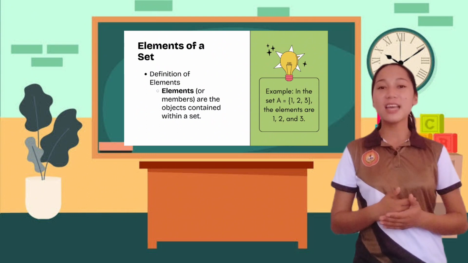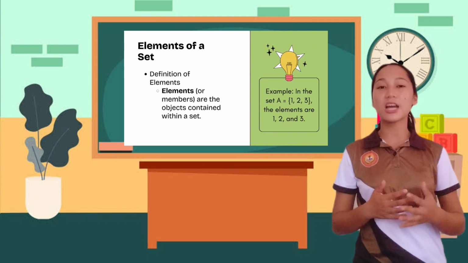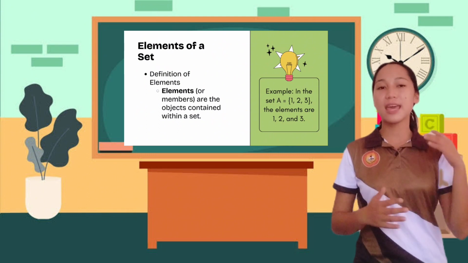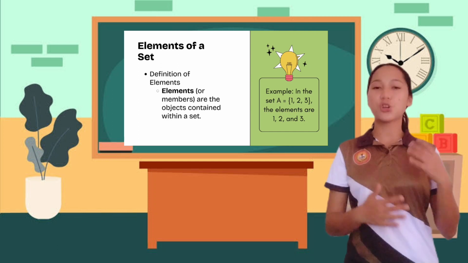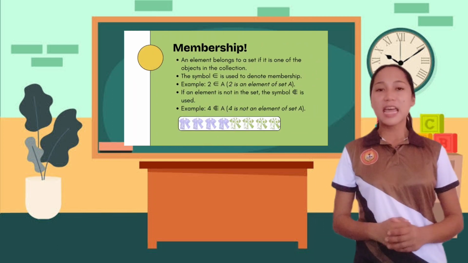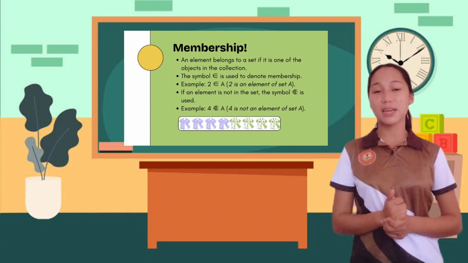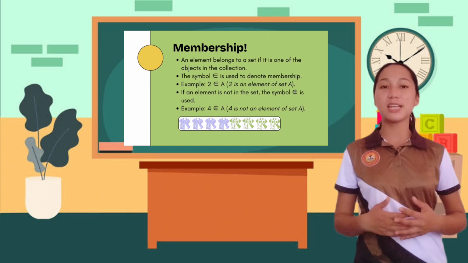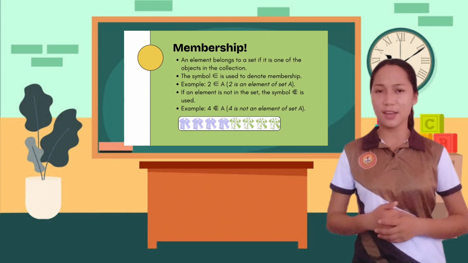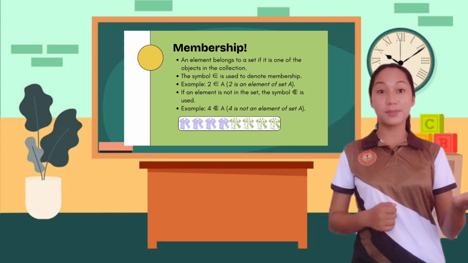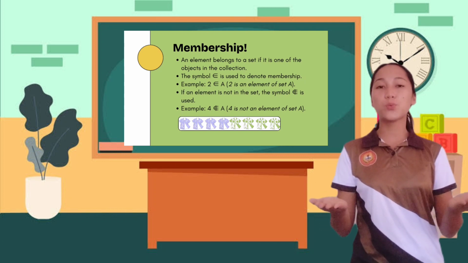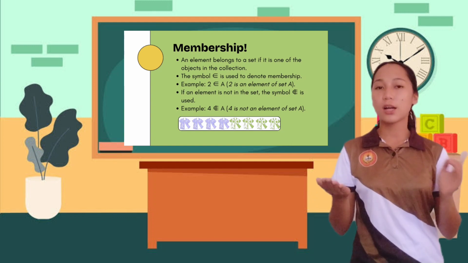So basically, the things mentioned earlier are what we call the elements. So let's try to break it down. If an element is one of the objects in a collection, it is considered part of that set. For example, I have a lipstick and a brow, which we can classify as a set or collection of cosmetics.